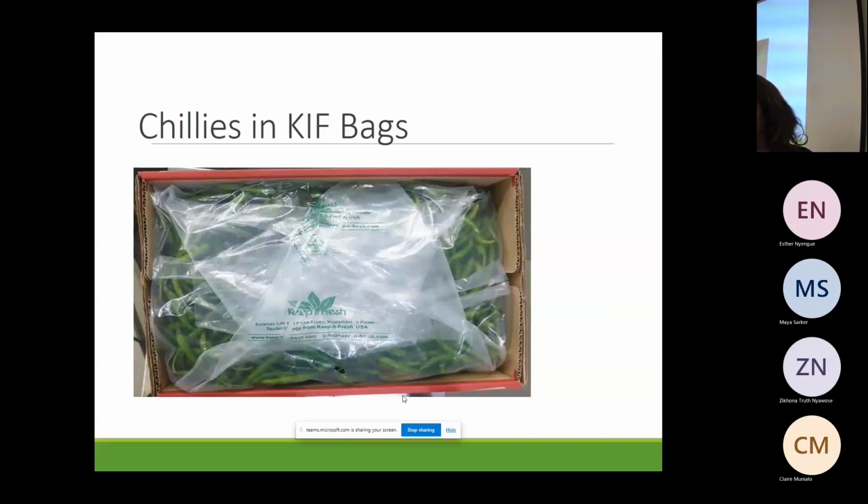We went to the import and export department at Heathrow at one point to look at how foods are imported and how foods are exported. You see that a lot of these food products, when they're coming in bulk, are kept in these plastic bags so that they're kept fresh.